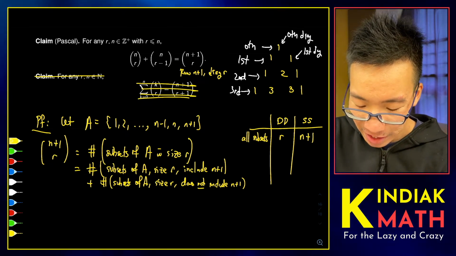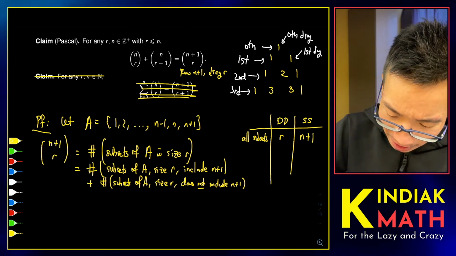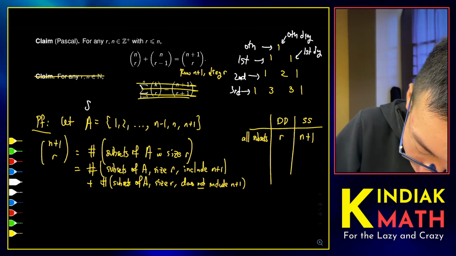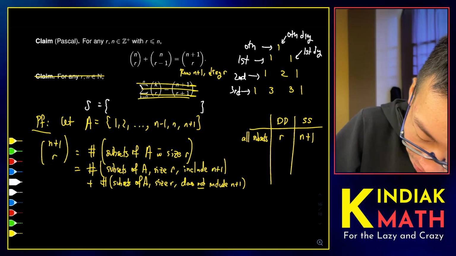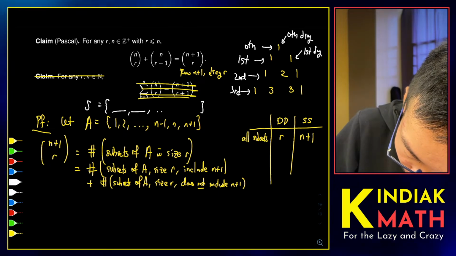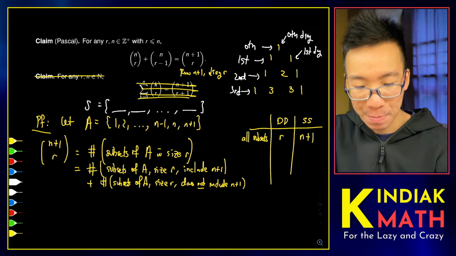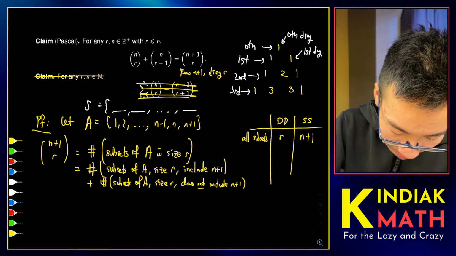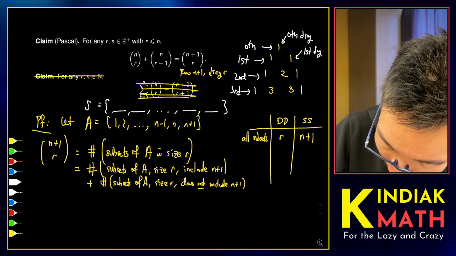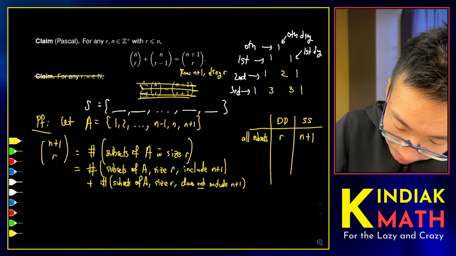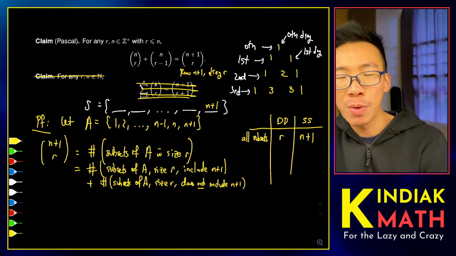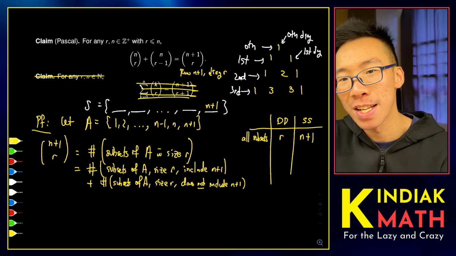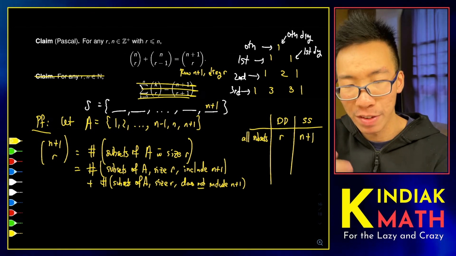And if it does include n plus 1, then your subset is going to look a little bit like this. So S is going to have a total of r vacancies. If it includes n plus 1, then we are left with r minus 1 vacancies.